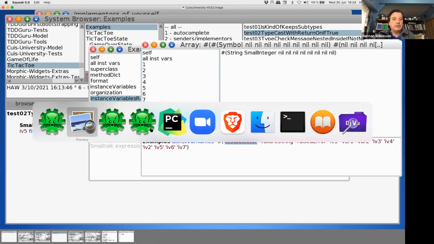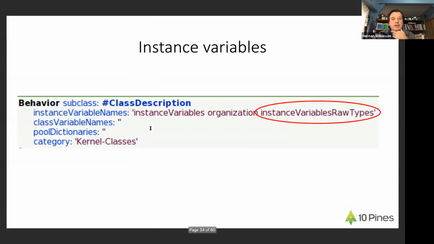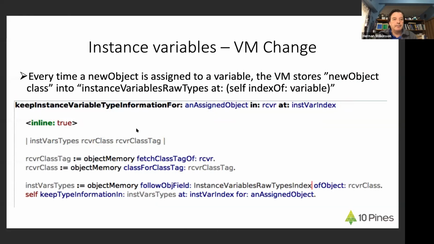And how does that work at the VM level? Well, at the VM level, with the implementation of the bytecode, when you assign something to an instance variable, it sends the message: keep instance variable type information for this object on this receiver at that index.